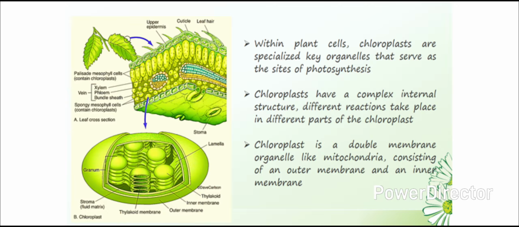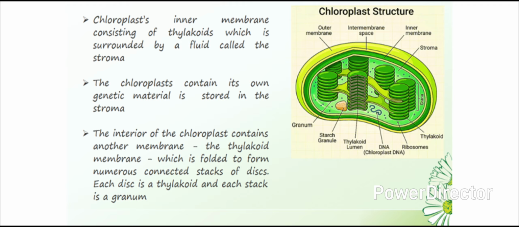Chloroplast is a double membrane organelle like mitochondria, consisting of an outer membrane and an inner membrane. Chloroplast inner membrane consists of thylakoids, which is surrounded by a fluid called the stroma.